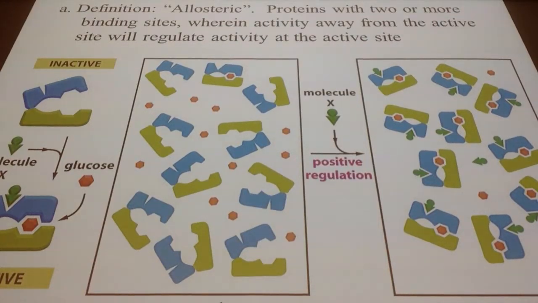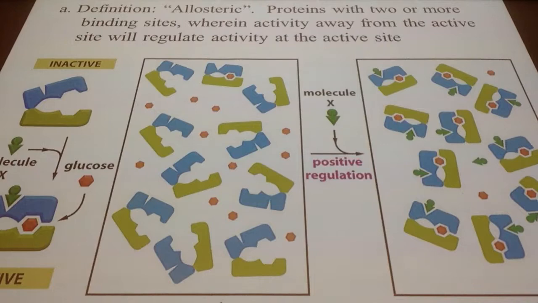What is the function of an enzyme? The function of an enzyme is to decrease the activation energy, but even if you don't have an enzyme, can a reaction still occur? Yes. It's going to take forever to occur. That's why even if you don't have a functional enzyme, even if you don't have a functional regulatory protein, this may still occur.